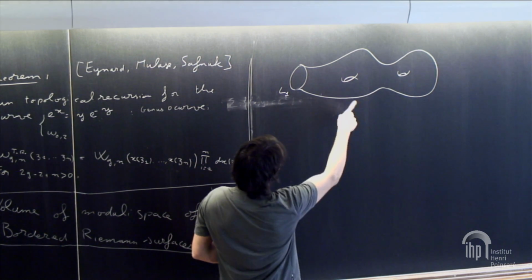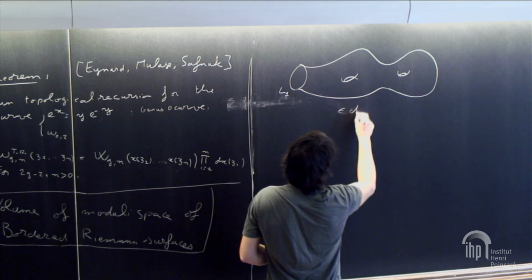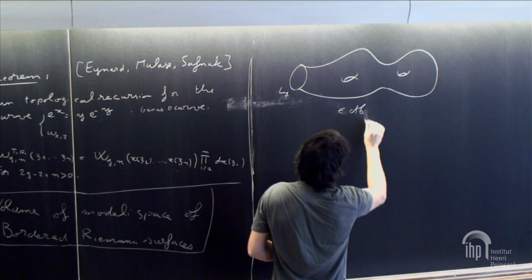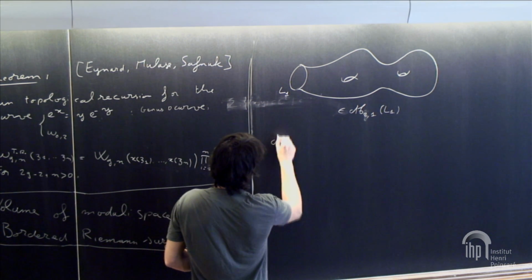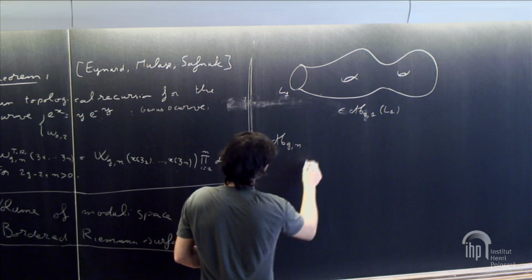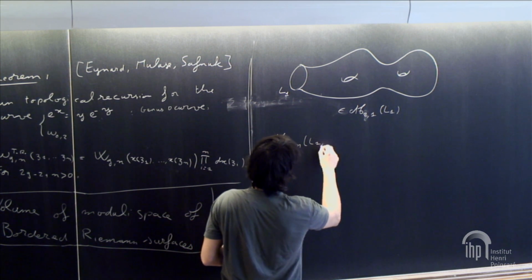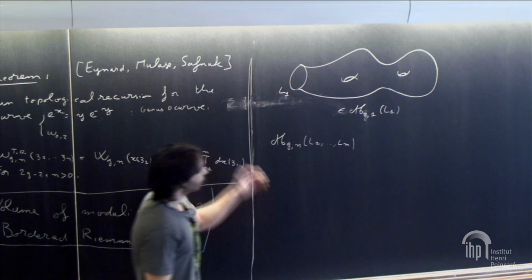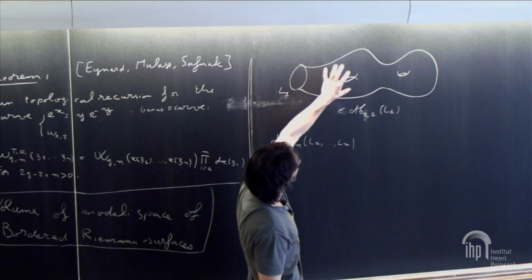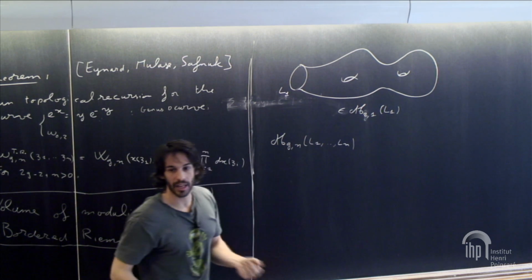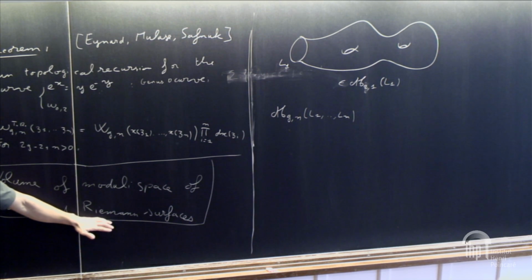And so I've got a genus 2 surface with one boundary. I will say that it belongs to some moduli space of genus 2 surface with one boundary, whose boundary length is equal to L1. And in general, I will look at some moduli space of genus G Riemann surfaces with n geodesic boundaries of respective lengths L1 to Ln. So when I'm talking about moduli space of Riemann surfaces, I think of the underlying topological surface. But in addition, I equip it with some complex structure, which gives it the structure of a Riemann surface.